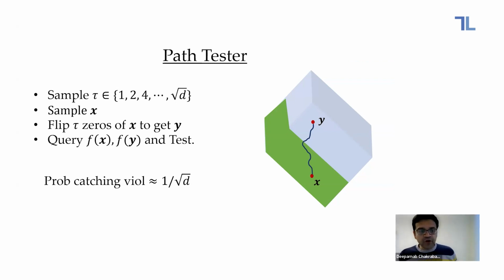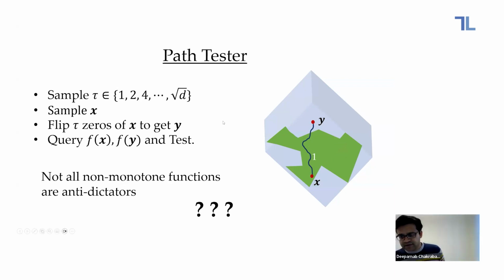Thank you. So this is what we talked about last time, and we ended with this thought: this idea of flipping and going from the green zone to the blue zone, the more you walk, the better you'll catch it.